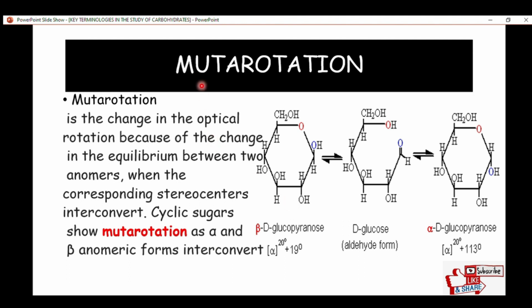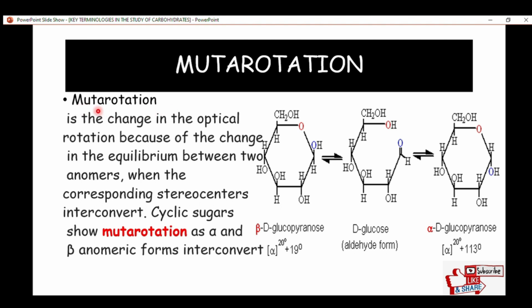Okay, so another terminology that we need to pay attention to is mutarotation. When we talk about mutarotation, we have to make reference to specific rotation. It's an optical rotation, and we covered that in the third lecture. You can go back if you haven't read it yet, so that you can know it very well.